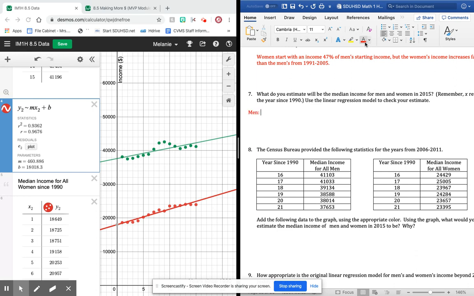So for the men, remember your equation was y equals 311.6x plus 37,629. What am I using for 2015 instead of 2015? Well, that's 25 years from 1990, right?